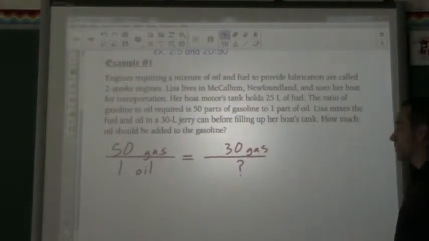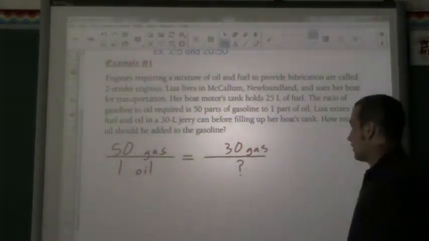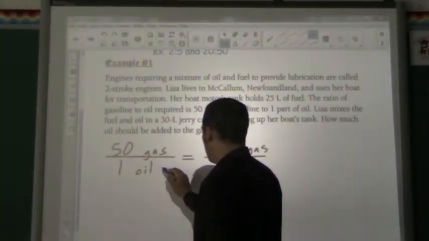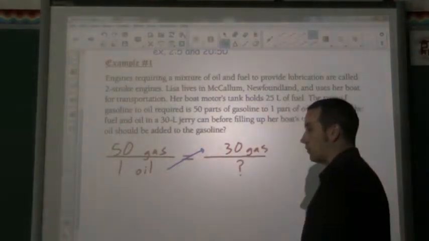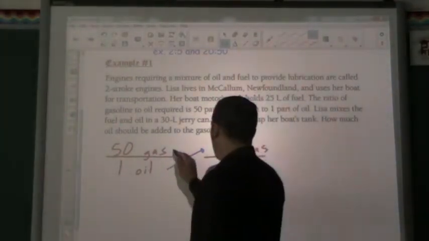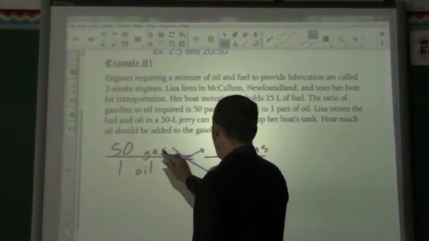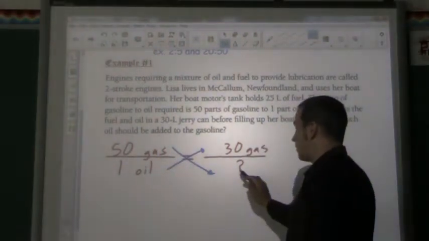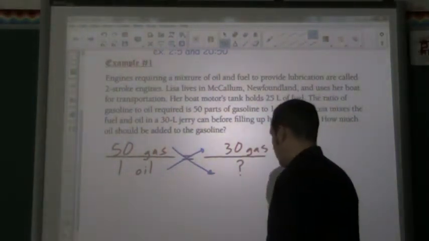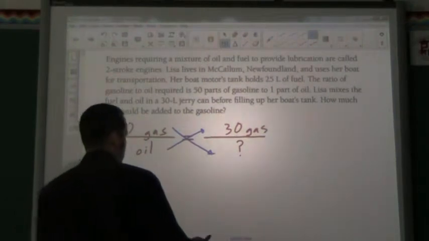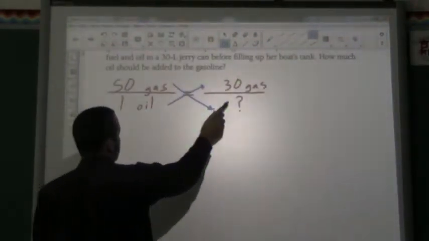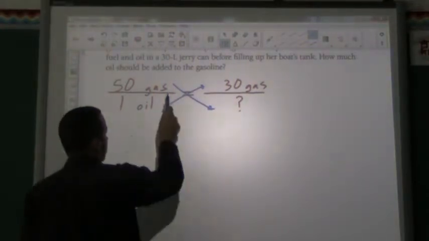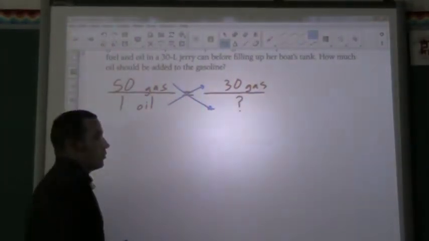Here's where we use a little technique called cross multiplication. That's where you take the denominator of this fraction and multiply it by the numerator of this fraction, and that will equal the numerator of this fraction multiplied by the denominator of this one. So when we actually multiply that out for our question, 50 times our question mark. We can get rid of the units when we actually go through the math.